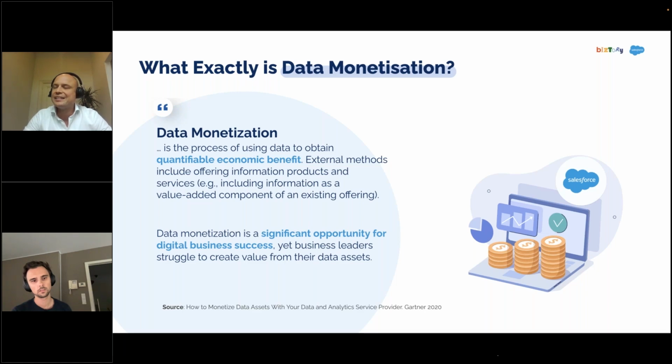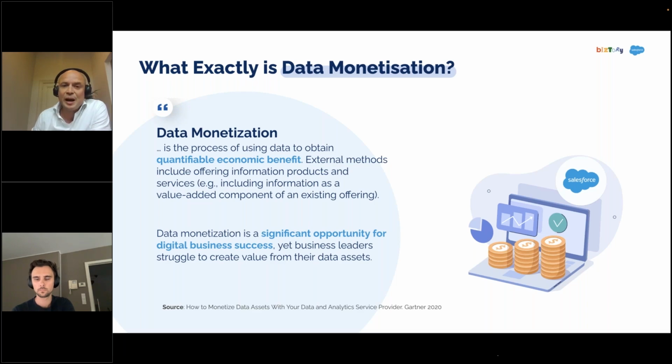Now, this is a deliberately broad definition, but they also give an example, and they say it is using data externally to add value to your existing products and services. I must say that's also still broad, but we will describe these and other significant benefits in more detail later in this webinar also.